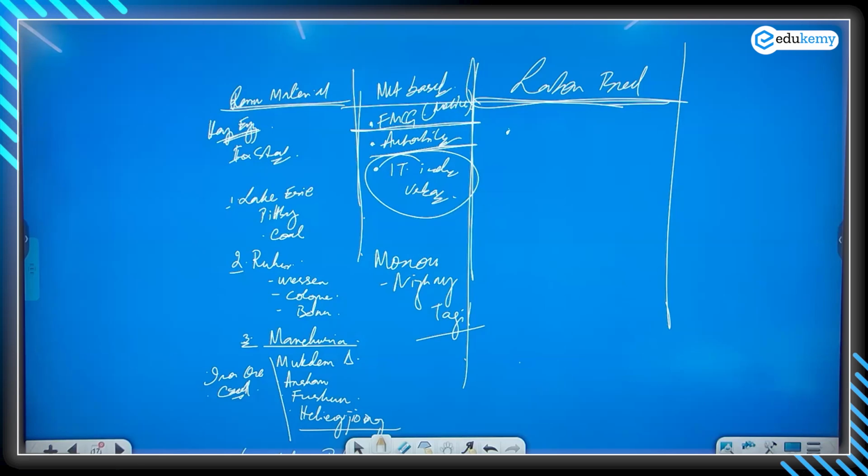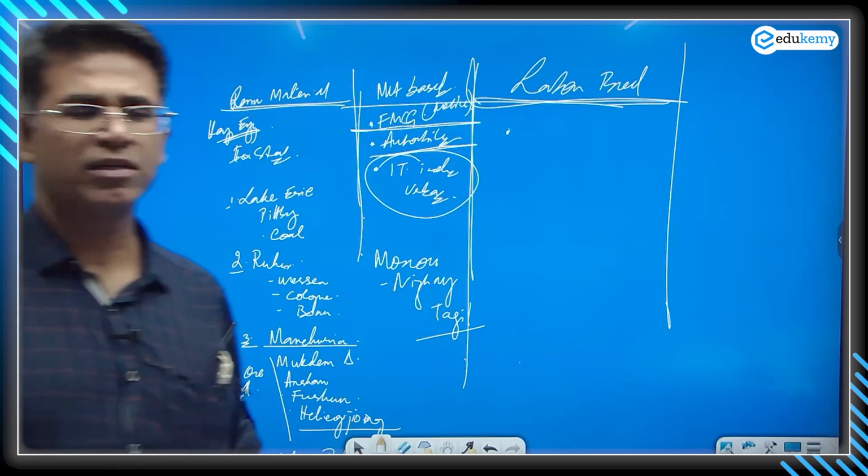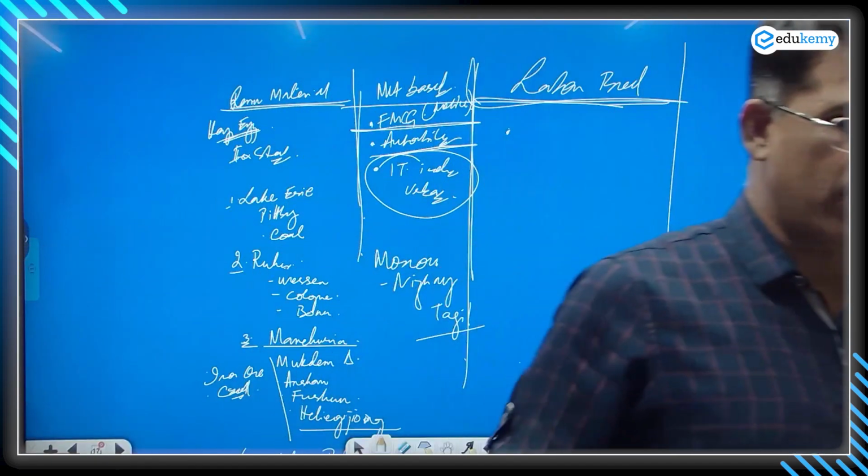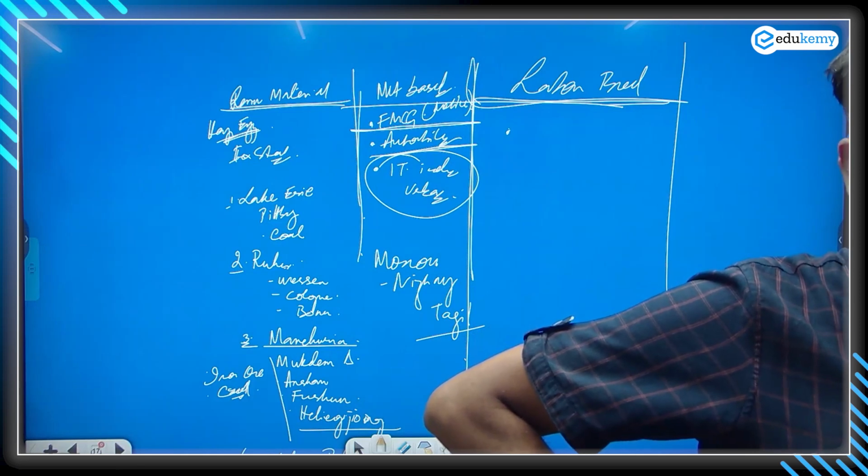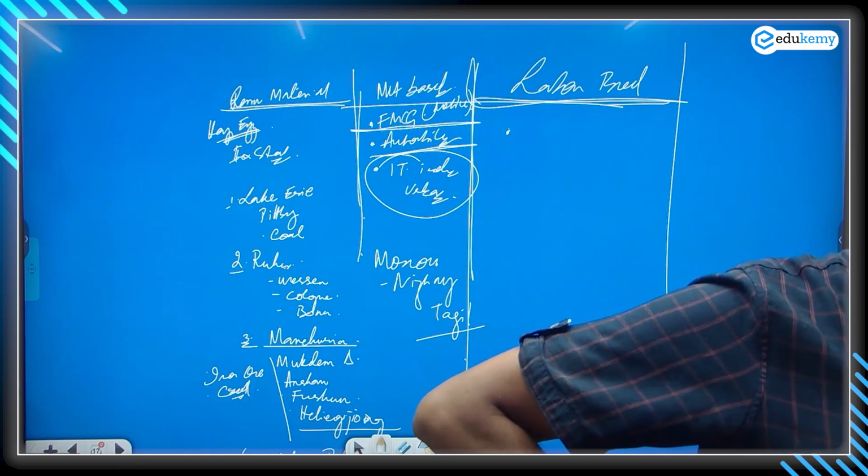You will write 3 examples of this. Garment industries of Bangladesh, labor advantage. Garment industries of textile garment of Vietnam and Indonesia.